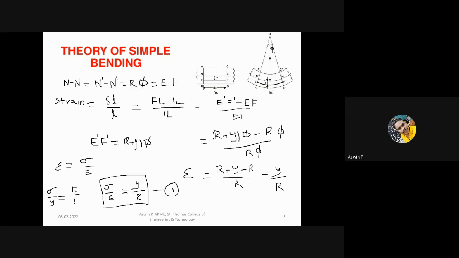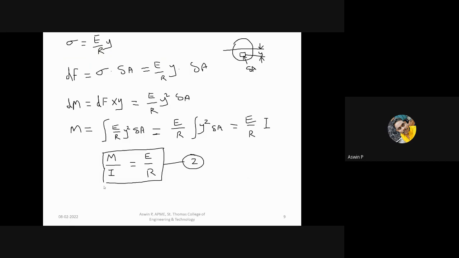Combining both equations, you will get M divided by I equal to E divided by R equal to sigma divided by y.